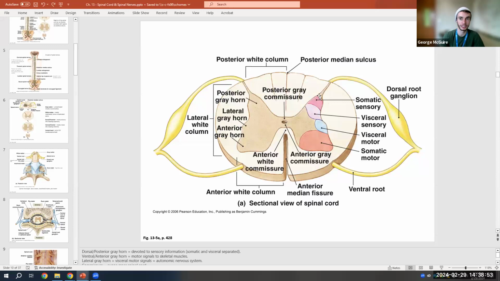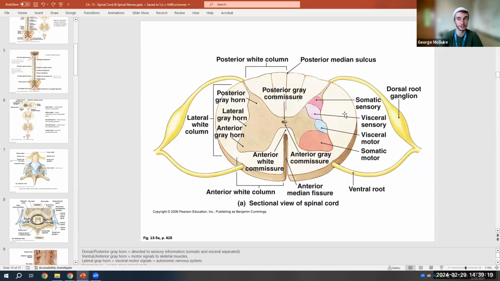We have somatic sensory neurons in the posterior gray horn, and a little bit of visceral sensory neurons there as well. So mostly somatic sensory information, a little bit of autonomic sensory information, is found in that posterior gray horn. Most of the lateral gray horn is dedicated to autonomic motor info, so sending back signals.